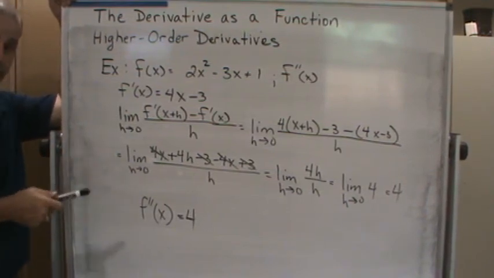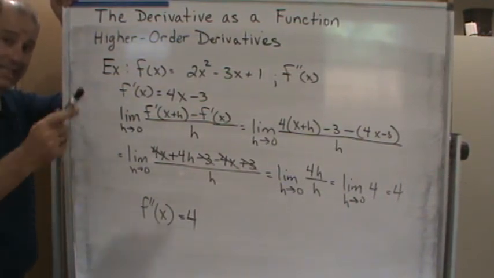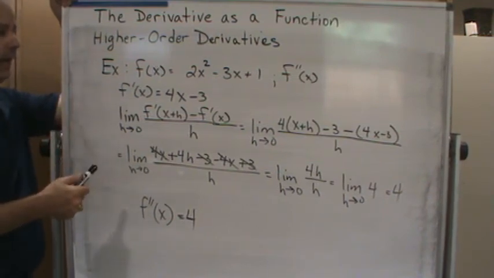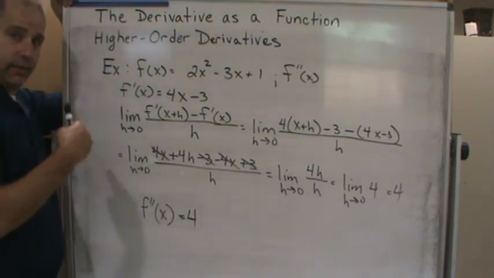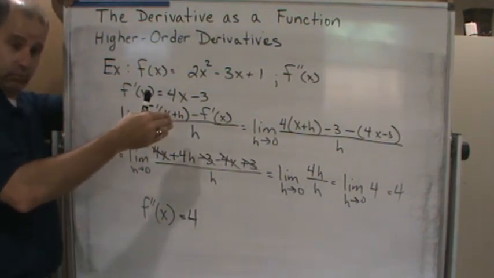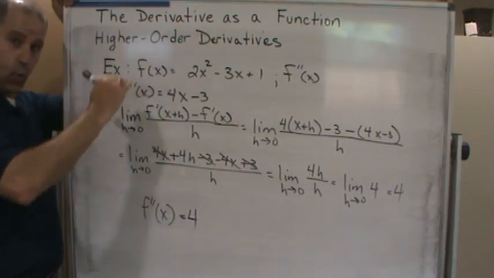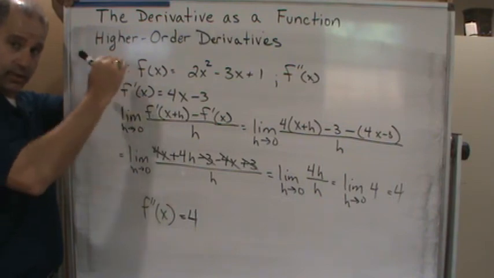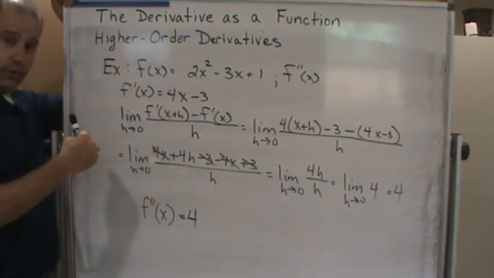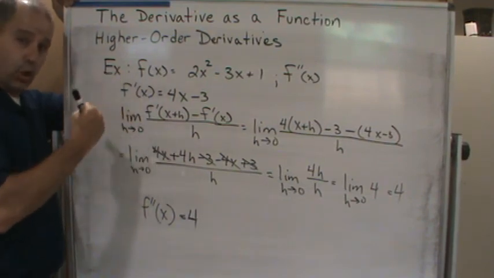The second derivative tells you how fast the slope is changing, right? Think about it in this way. The first derivative tells you how x is changing, okay? So change in y over change in x. So it's telling you the slope, right? The second derivative is telling you how the slope is changing.